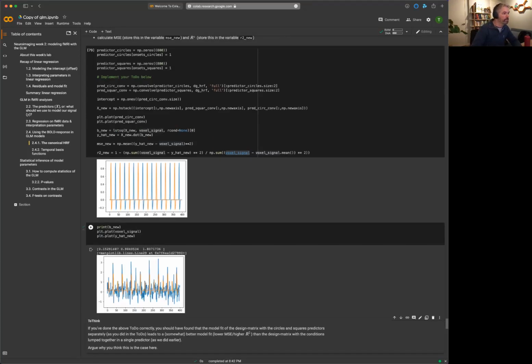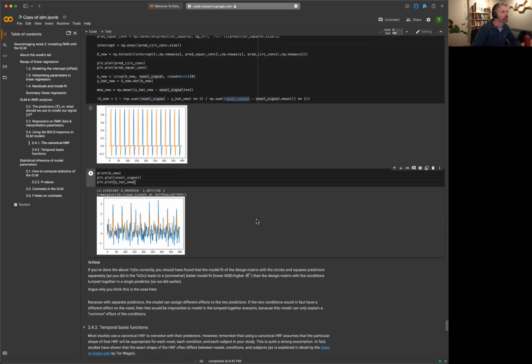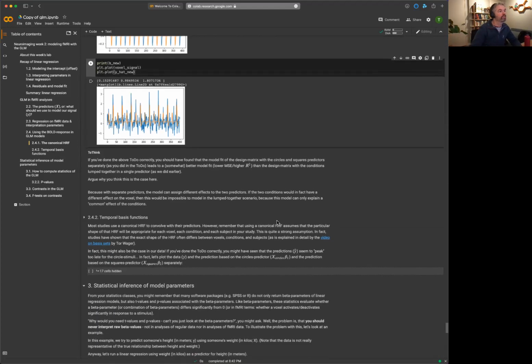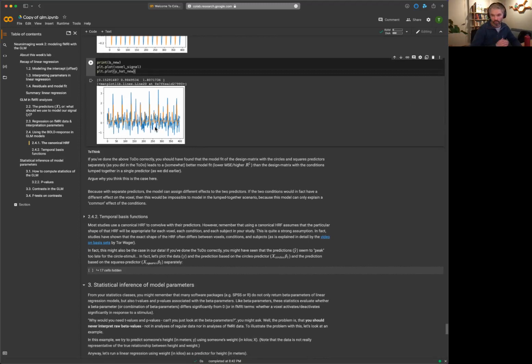Here we are. Isn't that gorgeous? You see that some of these events are just much taller in their response than others. Great. So this extends to many more types of events and extends in parallel across all of the voxels in the brain.